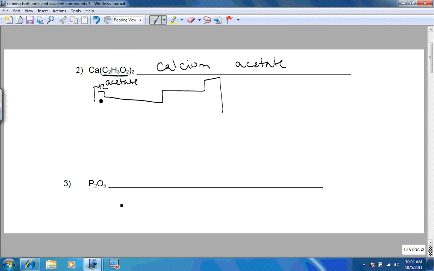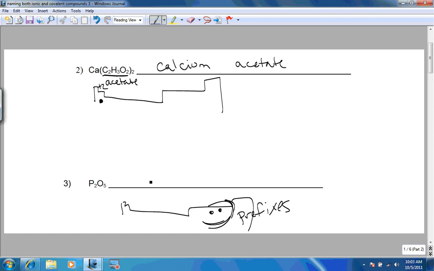Number 3. We have phosphorus and we have oxygen. Notice that they're both nonmetals. That means those electrons are being shared, which means it's going to be a covalently bonded compound. If they're both nonmetals, that means the electrons are shared. That means we're going to use prefixes.